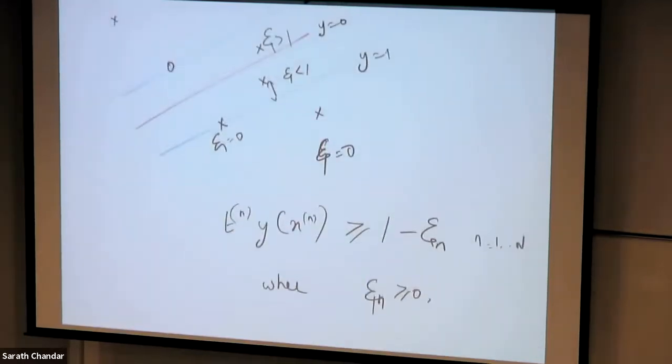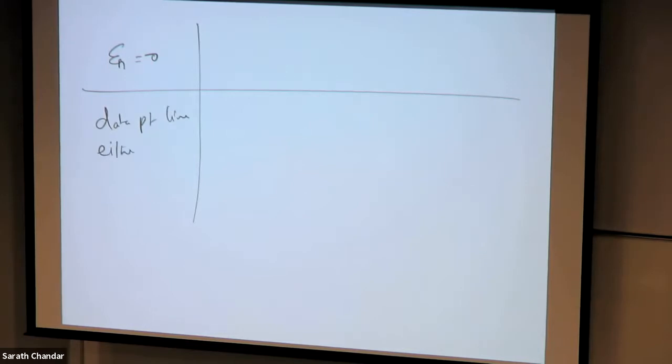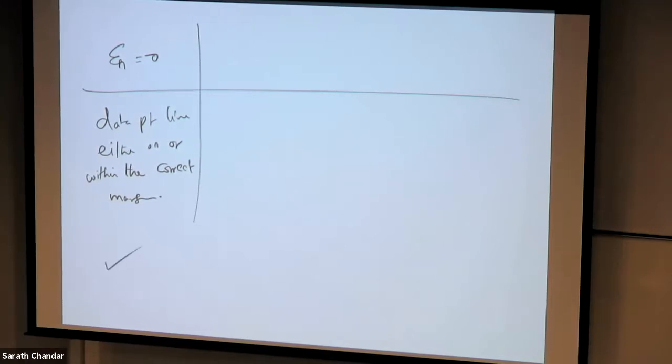Okay. Now, depending on the value of epsilon, many things are possible. For example, if epsilon_n is equal to 0, then that means the data point lies either on or within the correct margin, in which case the data is correctly classified.